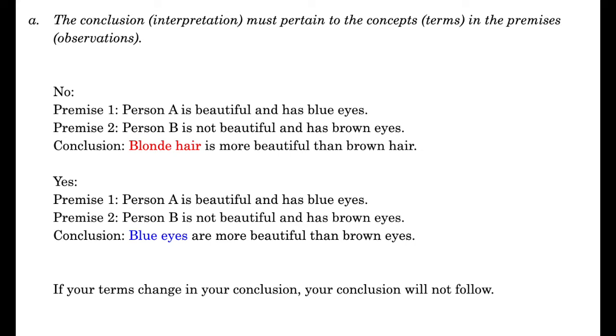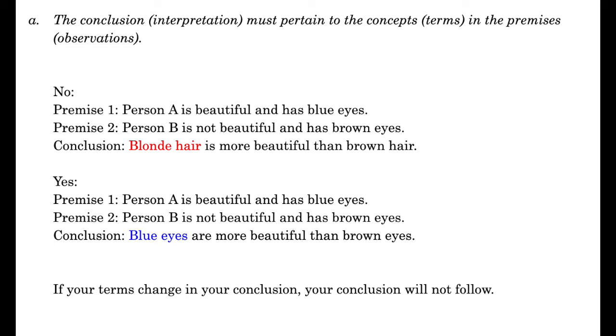Like, first, the conclusion has to use the same terms or concepts as the premises. If you have a syllogism like this, person A is beautiful and has blue eyes, person B is not beautiful and has brown eyes, the conclusion you would draw from those two premises would have to say something about eyes or beauty, but it couldn't say something about hair.